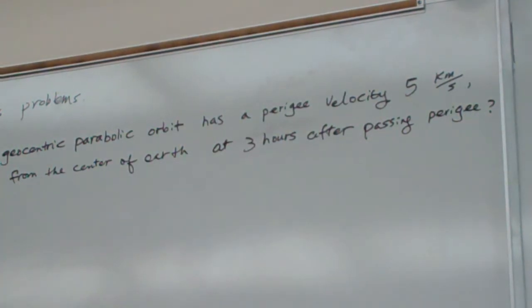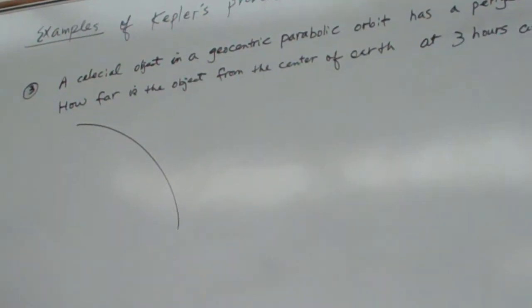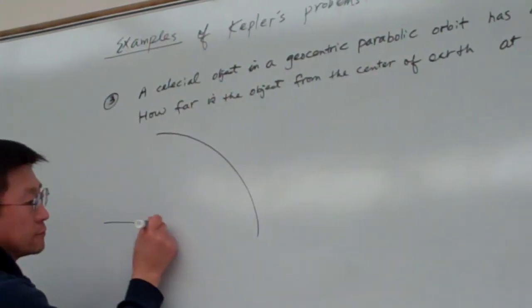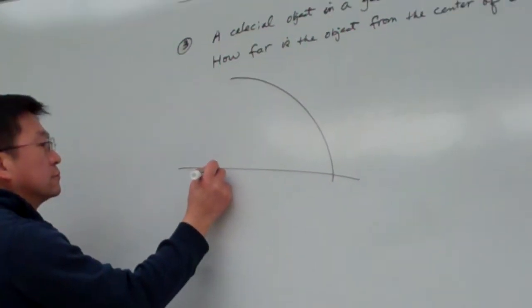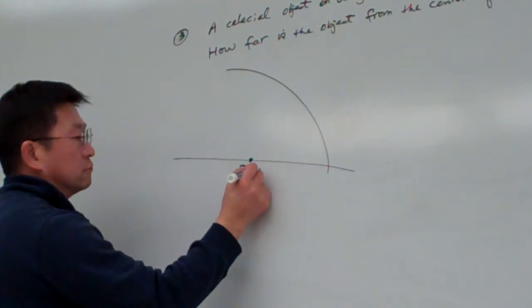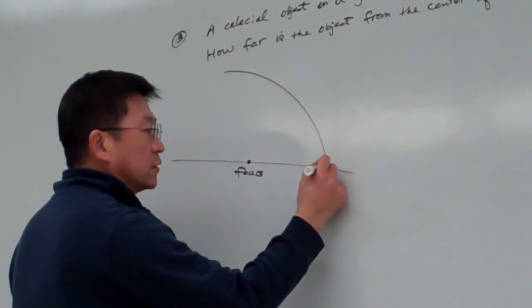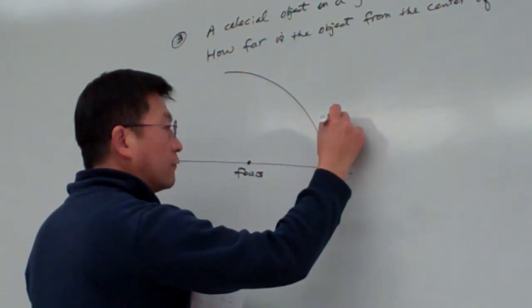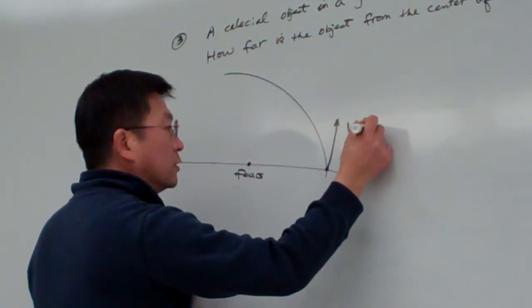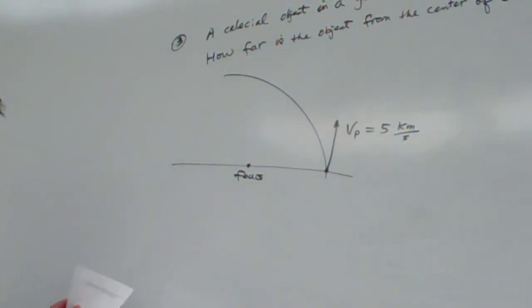Okay, so for this problem statement, we can put it into the graph. So this is the orbit. So this is the focus here. So initially, we have the VP equal to 5 kilometers per second.